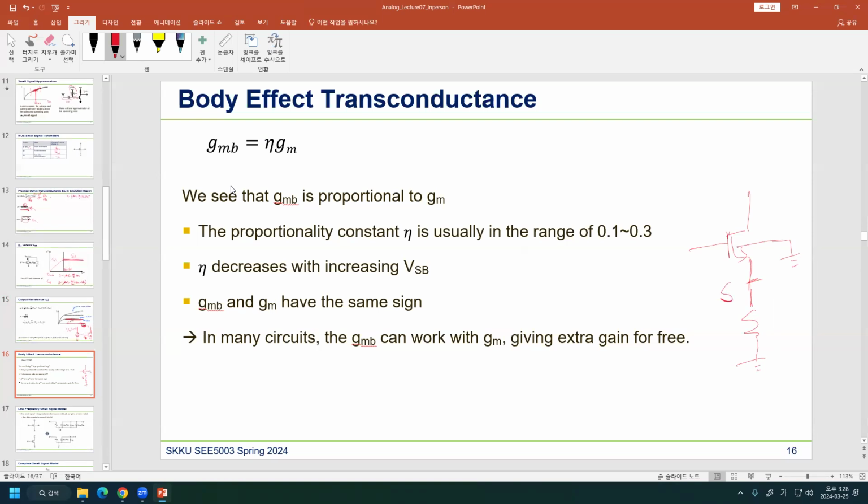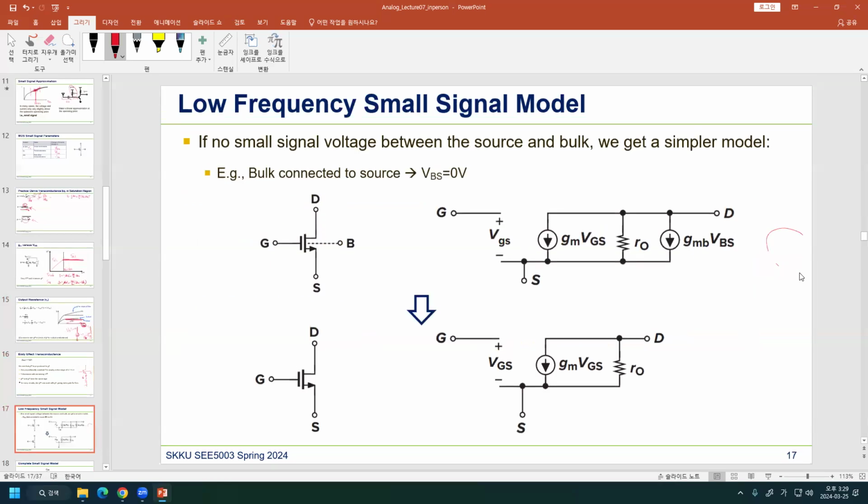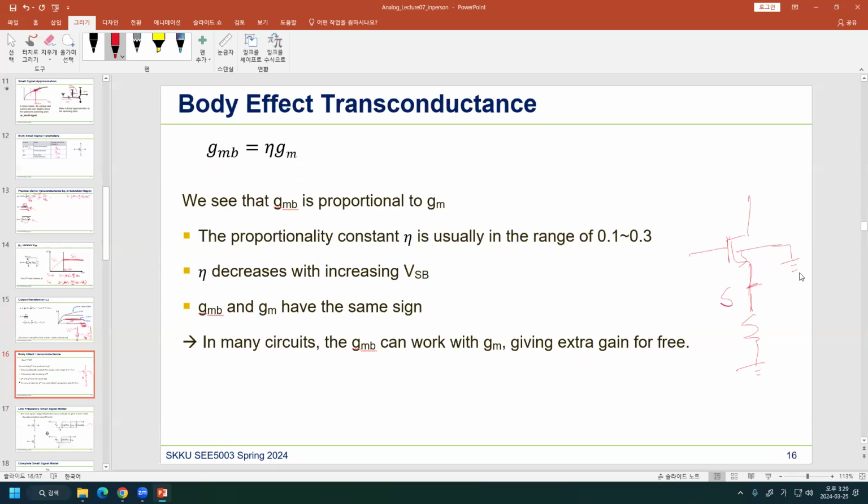In this case, our VTH changes, and that changes GM, or GMB. Some circuits also utilize this by changing the source-bulk voltage or source voltage. But the point is that because of VBS, the threshold voltage changes, and it turns out to have a GM-like impact.